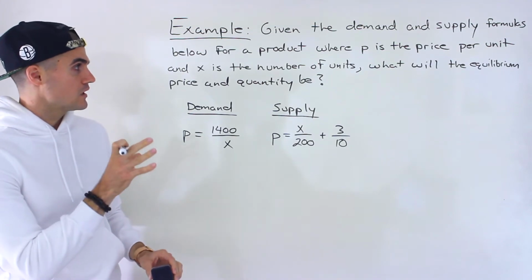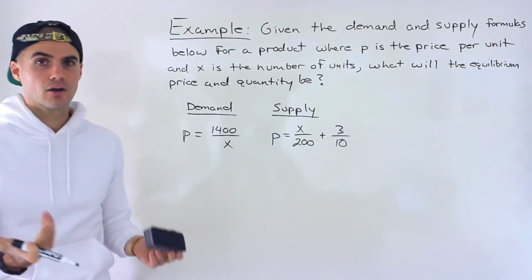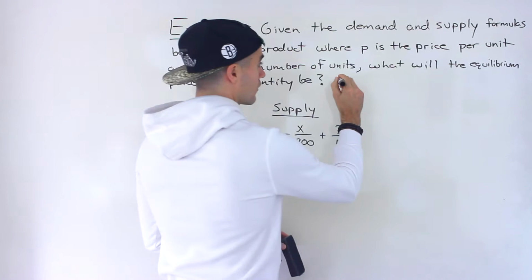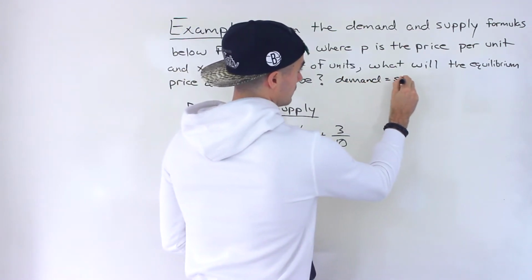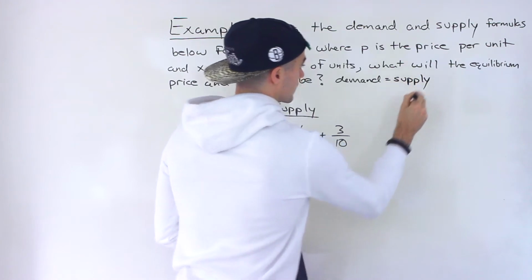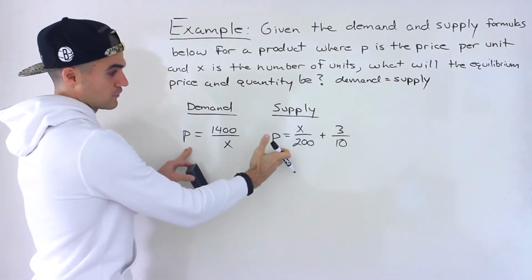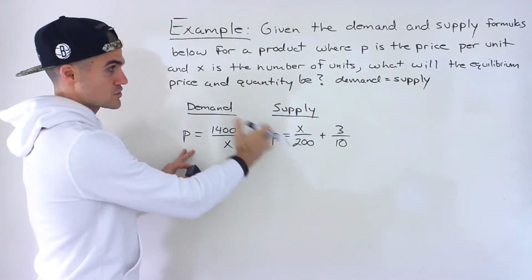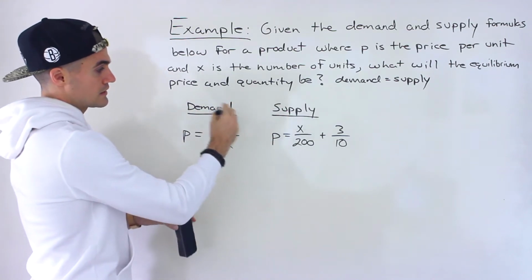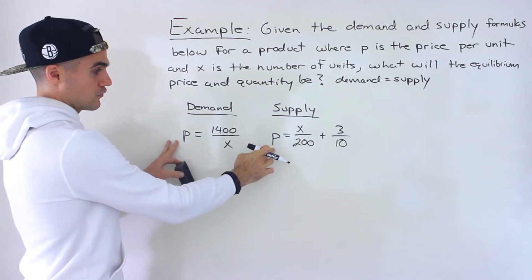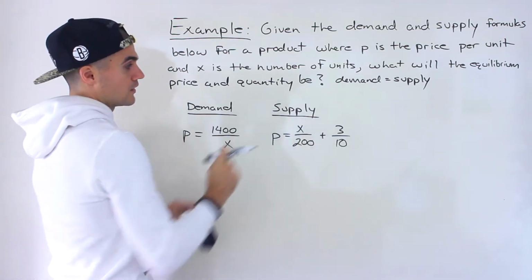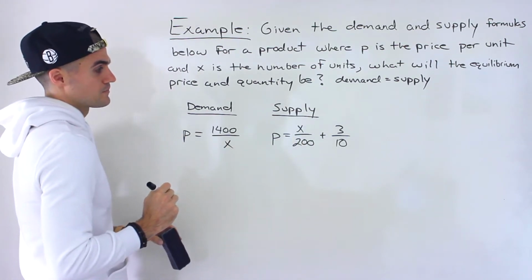Equilibrium is an economic term for where the demand equals the supply. So we basically have to find the point of intersection between these two functions. Another way this could have been worded is, when are the demand and the supply going to be equal? For what price, what p-value, and for what number of units?